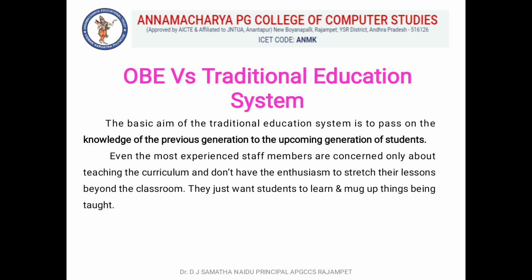They just want students to learn and mug up the things in turn. That means in older days the education system was by-hearted. The student has to learn specifically, by heart that information, and reproduce it in the papers to get good marks.